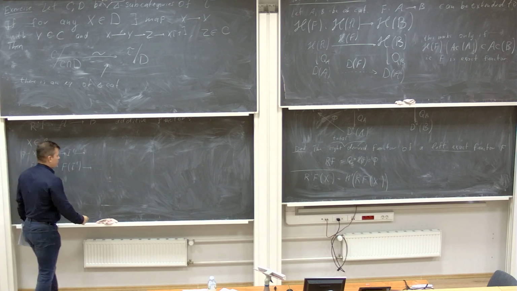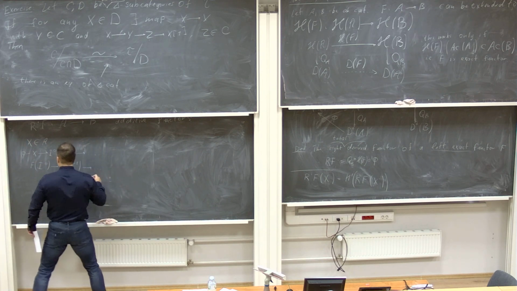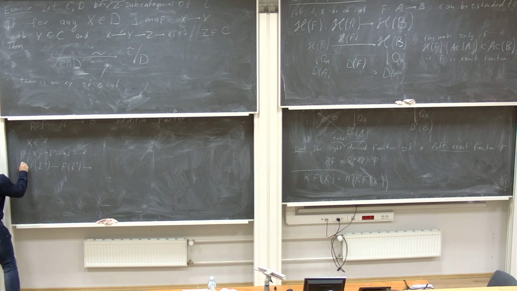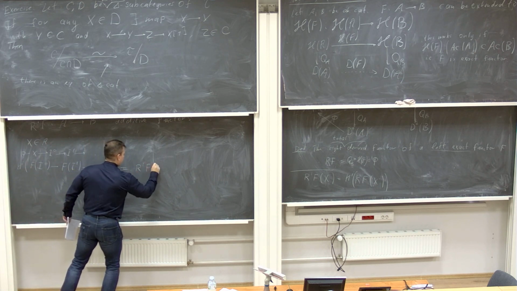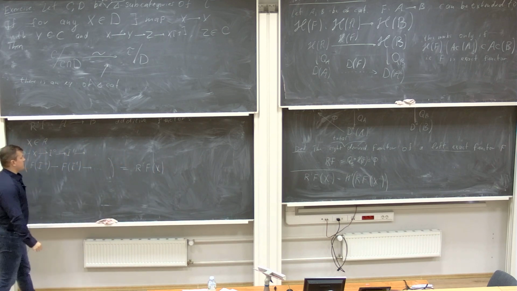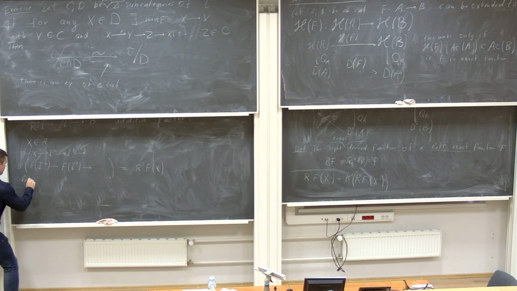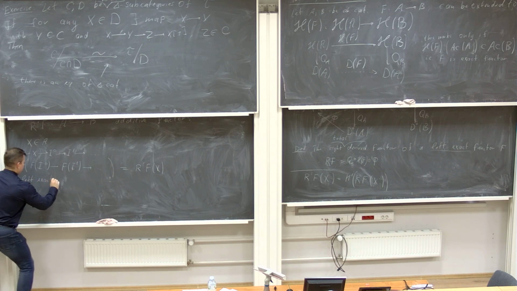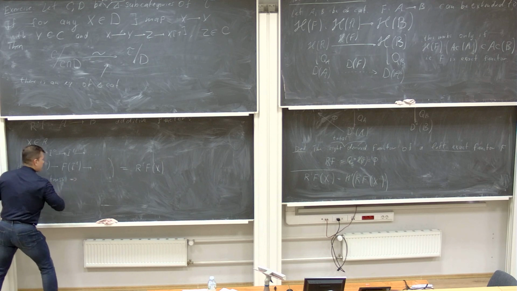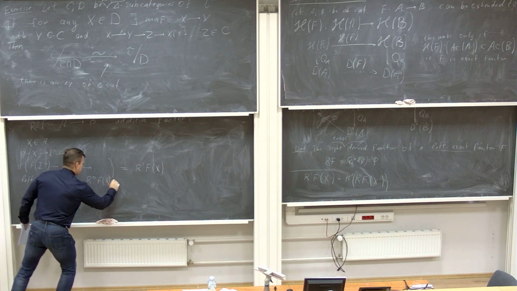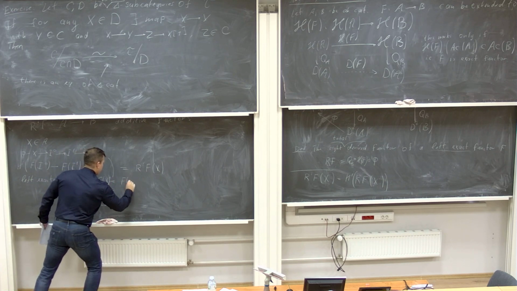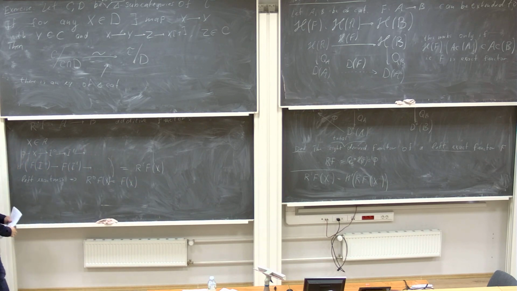Hi of this thing is Ri f of X. But left exactness gives me that R0 f of X is just f of X. This is why I need left exactness.